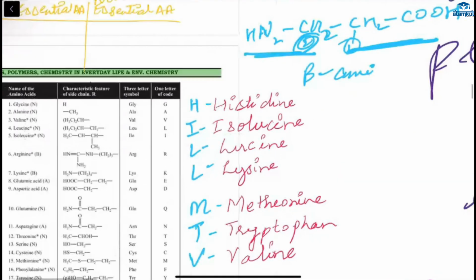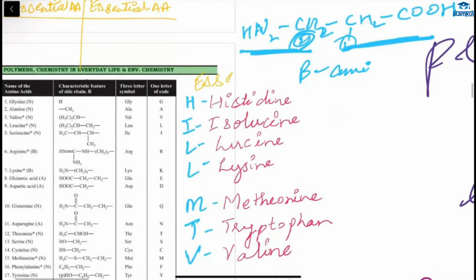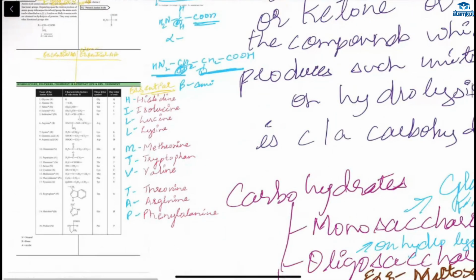So I have written all the names of essential amino acids in a mnemonic way, like Hill MTV tab. If you write Hill MTV tab, you will be able to remember all the essential amino acids.